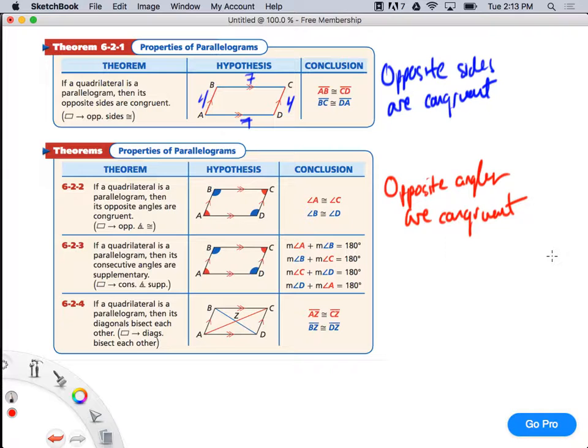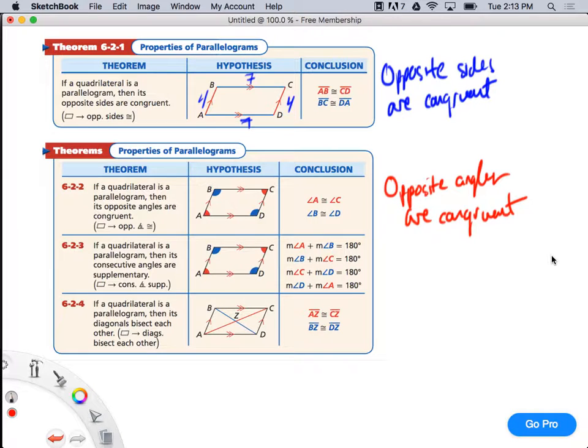I just realized I should probably tell you guys what a parallelogram is. I know you guys have seen this before. What do I know about a parallelogram? The opposite sides are congruent, but they're also parallel. A parallelogram has 2 sets of parallel sides. You see that? So this set is parallel to this set, and this set is parallel to this set. Does that make sense to you guys? So we also know the opposite sides are congruent, and the opposite angles are congruent.